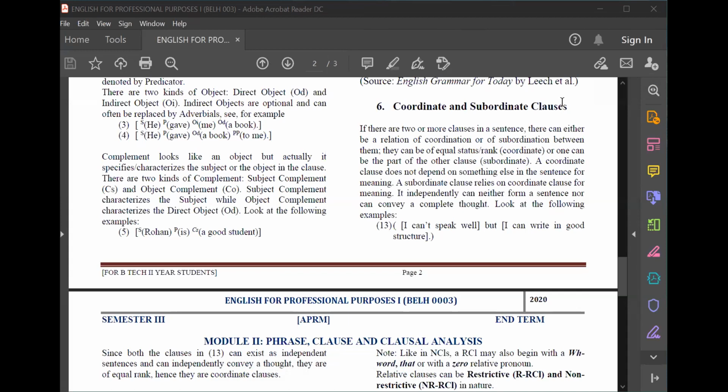So the types of clauses. When we talk about clauses, we know the elements of clauses, I mean, what can be those elements which can be identified within a clause? So the question comes when we have two or more clauses in a sentence. We have already discussed the possibility of having two or more clauses in a sentence, right?